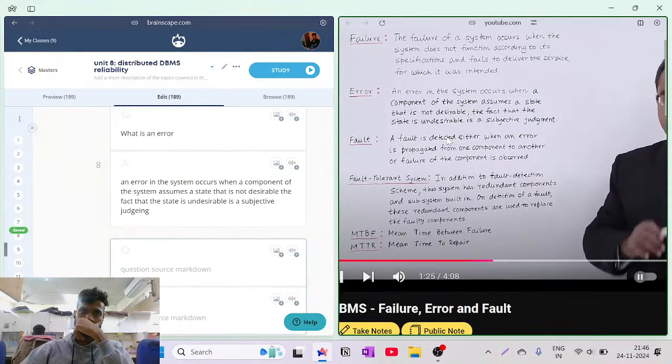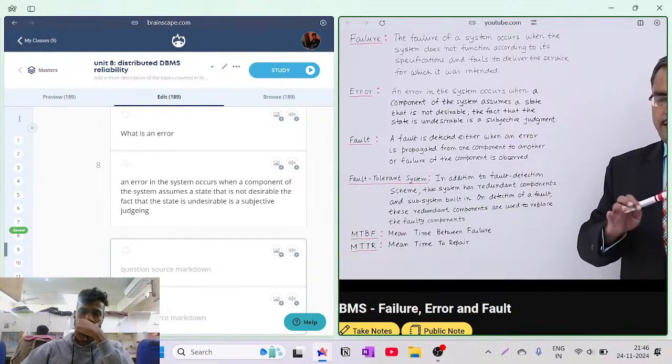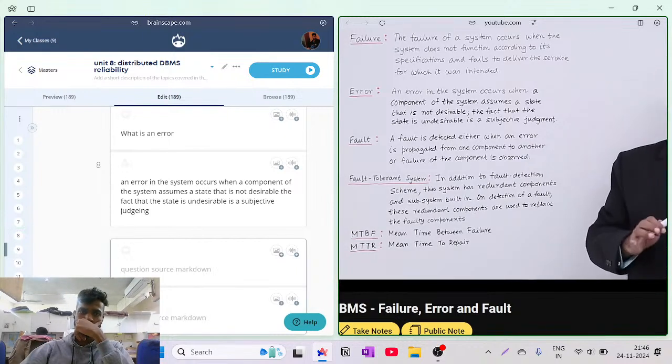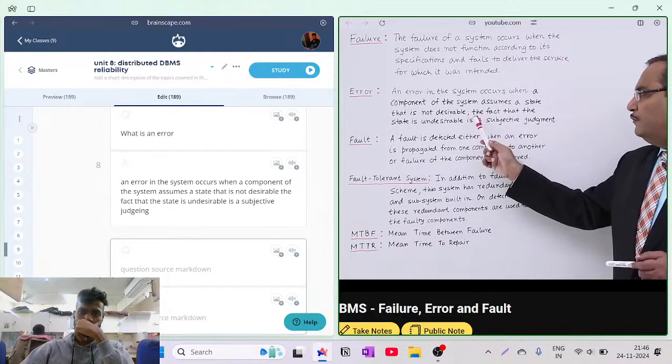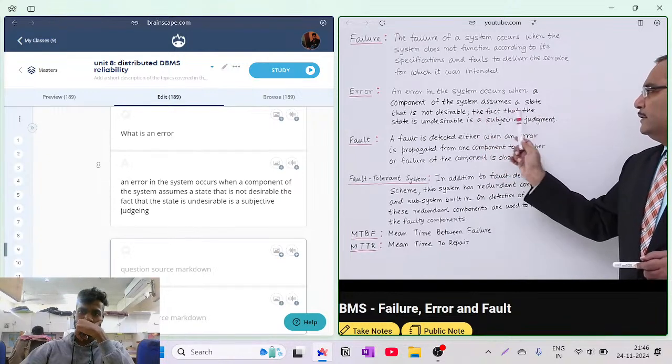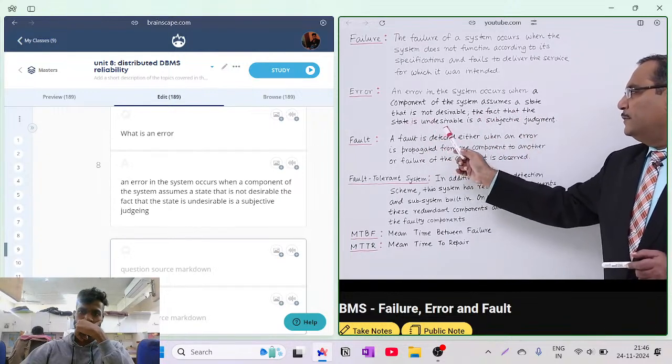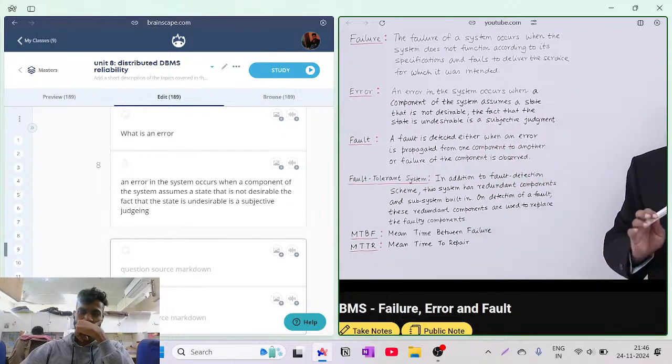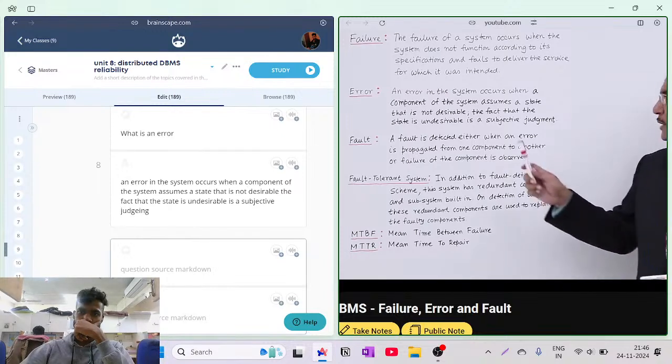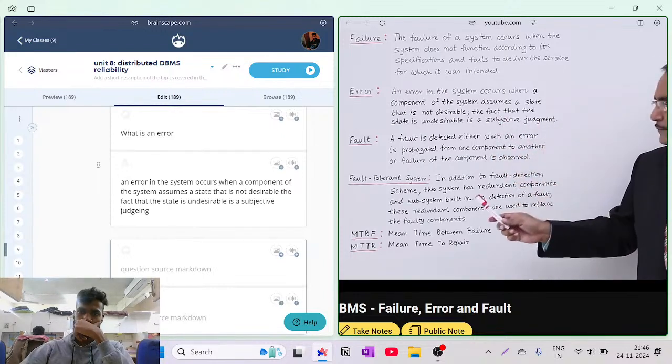So a component of the system will be found in a certain state which is not desirable. Obviously, the fact that the state is undesirable is a subjective judgment. So that will depend on whether you are taking that this component is in a proper state or not, that is your decision. So it is a subjective judgment rather.